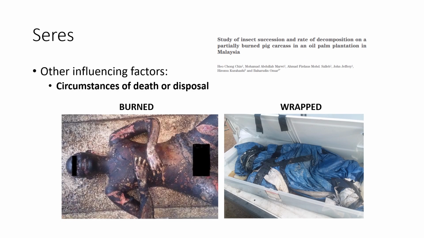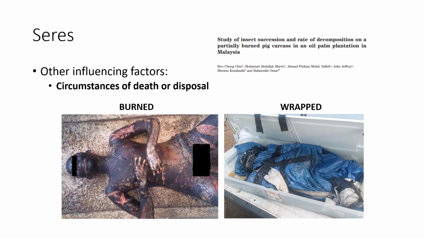And of course, in forensic contexts, individuals are going to try and conceal remains or treat them so that they can cover up the crime. And when individuals do this, it can influence the insects that colonize the remains. So, depending on how badly burned an individual is, it can limit the amount of oviposition sites and change what insects are willing to colonize the remains.